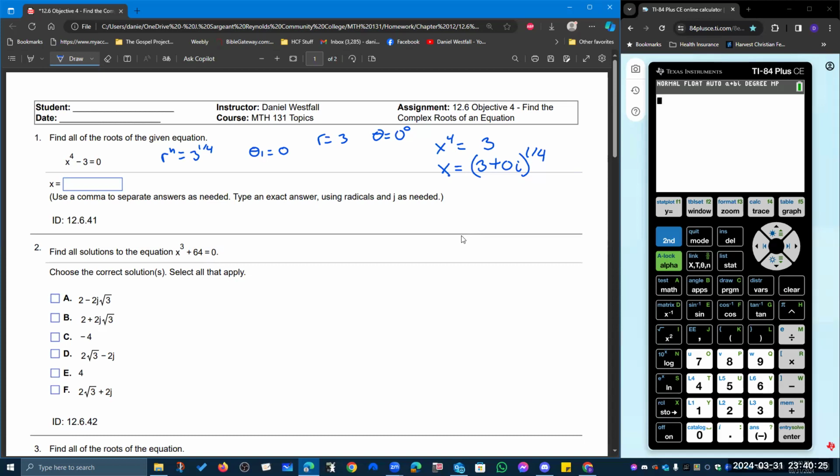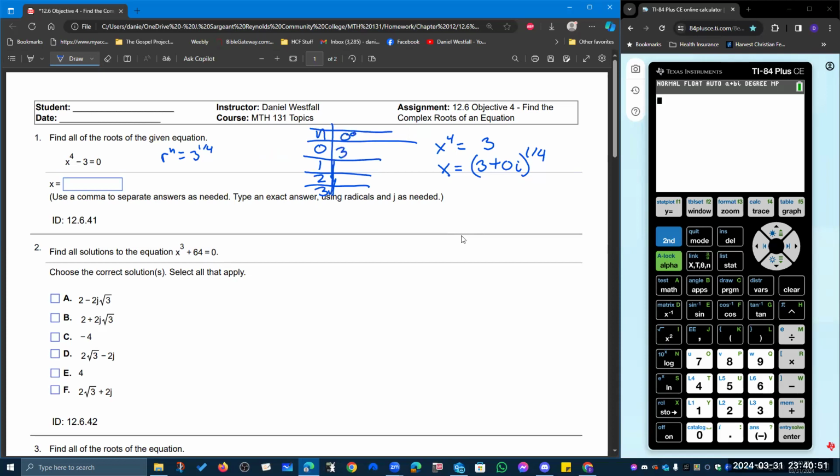Let me just make a chart here. So I'm going to have my first, second, third, and fourth answer here. And I started off at 0 degrees.